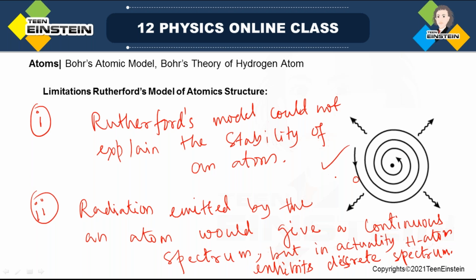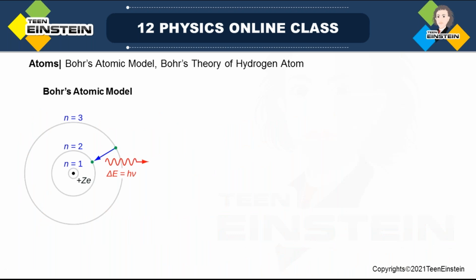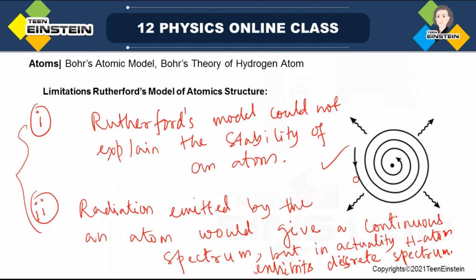Okay, so these were the two main drawbacks: to explain the stability of the atom and the discrete nature of the atomic spectrum. Bohr has given a model where he accepts the nucleus concept.